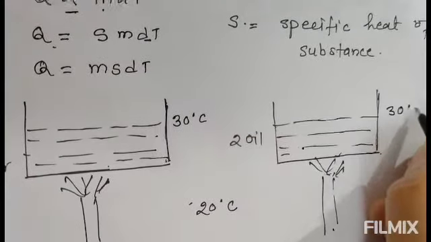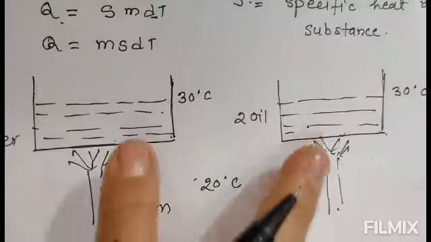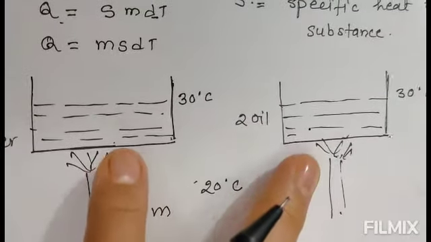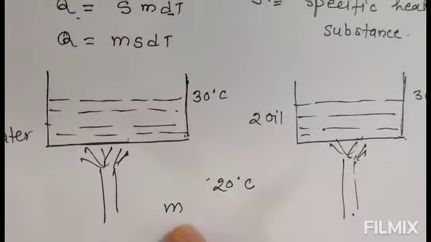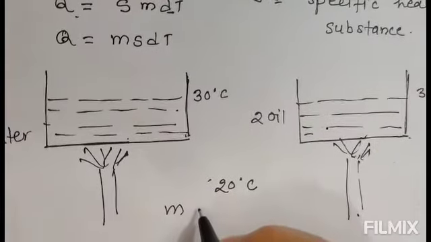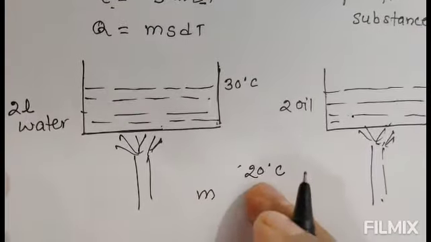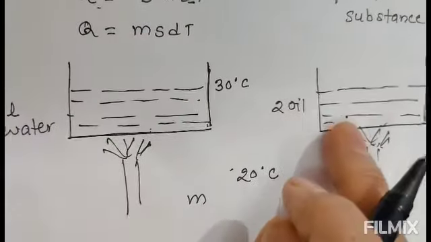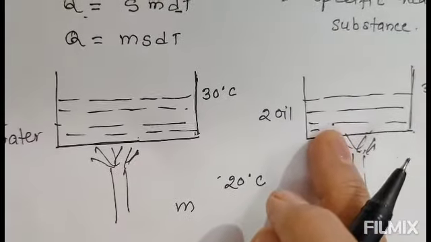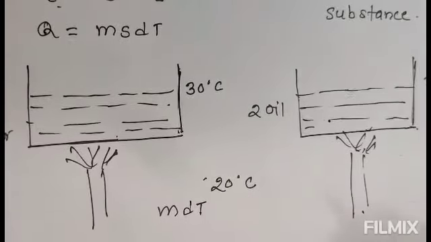Now this time the mass of the water and the oil are the same, and the temperature difference is also the same. Room temperature is 20 degrees Celsius, we have to raise the temperature of both the substances, water and oil, to 30 degrees Celsius, means dT is 10 degrees Celsius here.